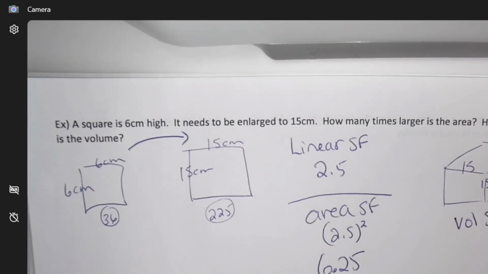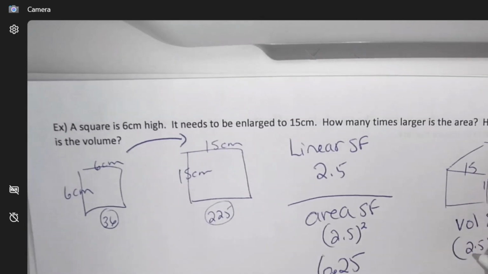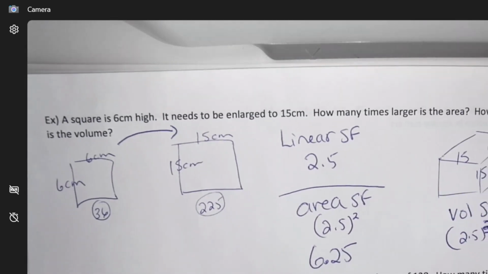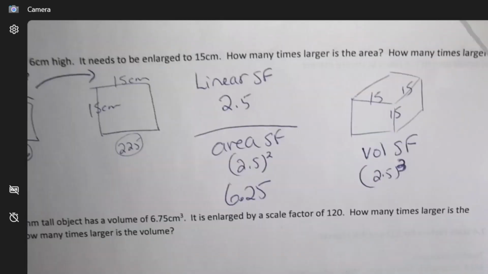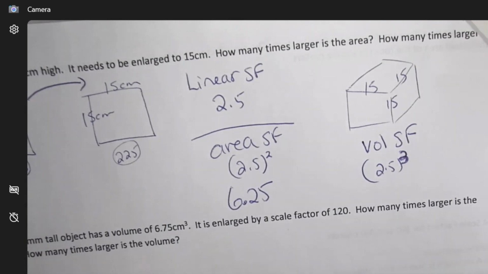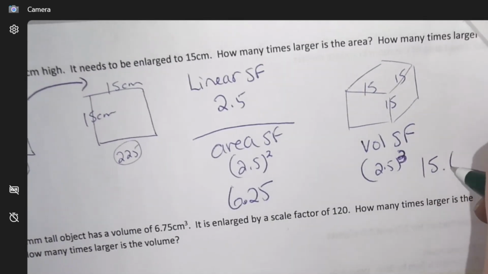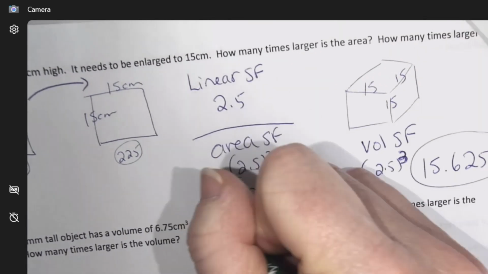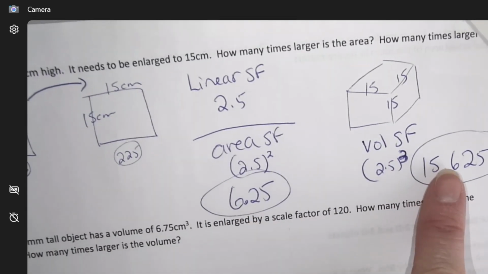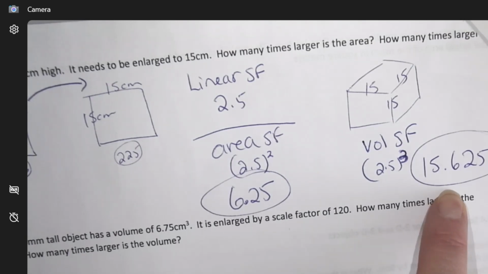Volume scale factor would be the linear number cubed. So this is how much bigger the area got, and this is how much bigger the volume would get.